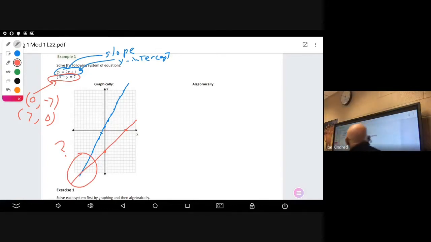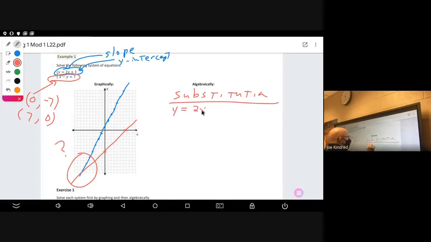Okay, and so by using this concept of substitution, I'm going to take this y is equal to 2x plus 1 and x minus y is equal to 7. And I'm going to substitute the 2x plus 1 into the y.